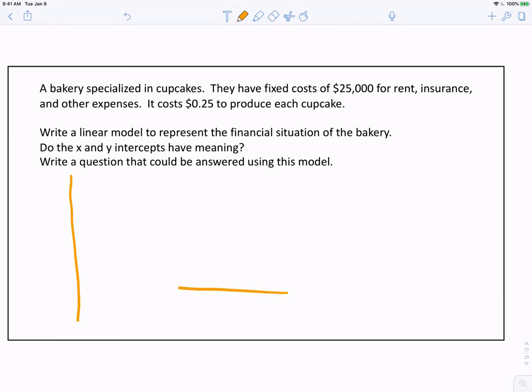Okay, so let's think about a picture of their situation. Their situation starts by having fixed costs of $25,000. So before they even sell or produce a cupcake, it costs them $25,000 just to be in business. And then those costs go up, and what makes the costs go up is how many cupcakes they produce.